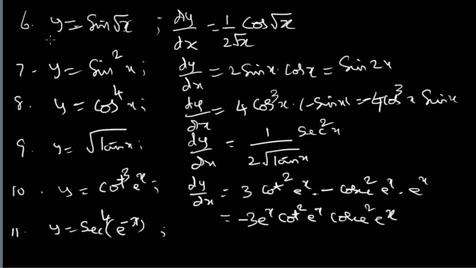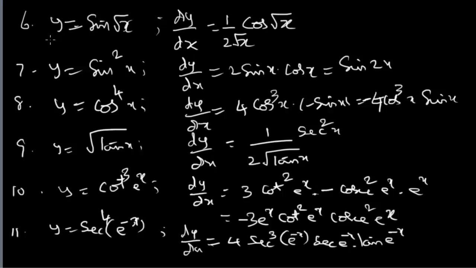So dy by dx, secant power 4 is 4 secant cubed, whatever is there you write like that, into secant differentiation, which is secant and tan: secant e power minus x into tan e power minus x, and differentiation of e power minus x is minus e power minus x.